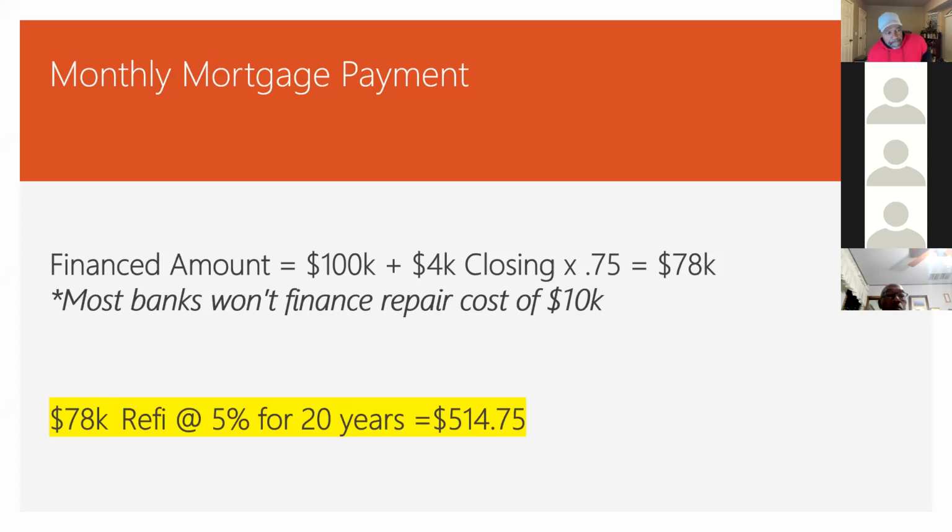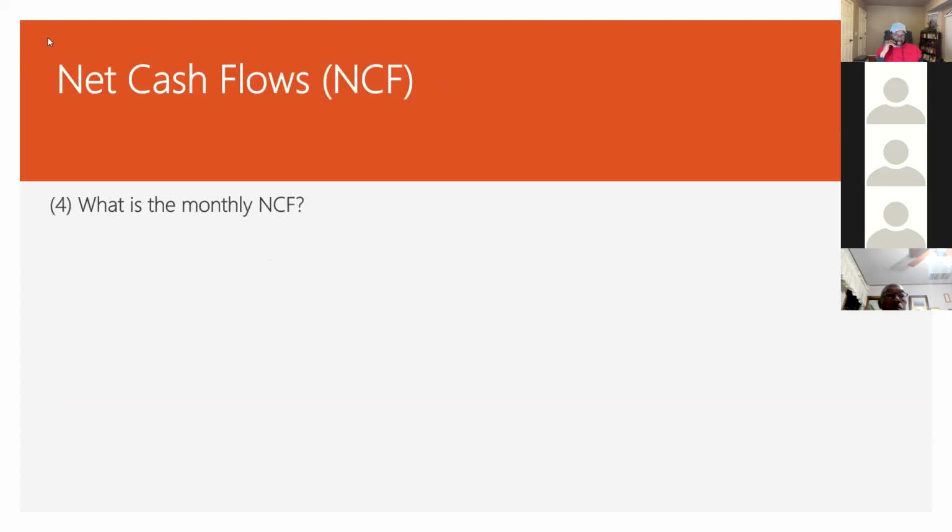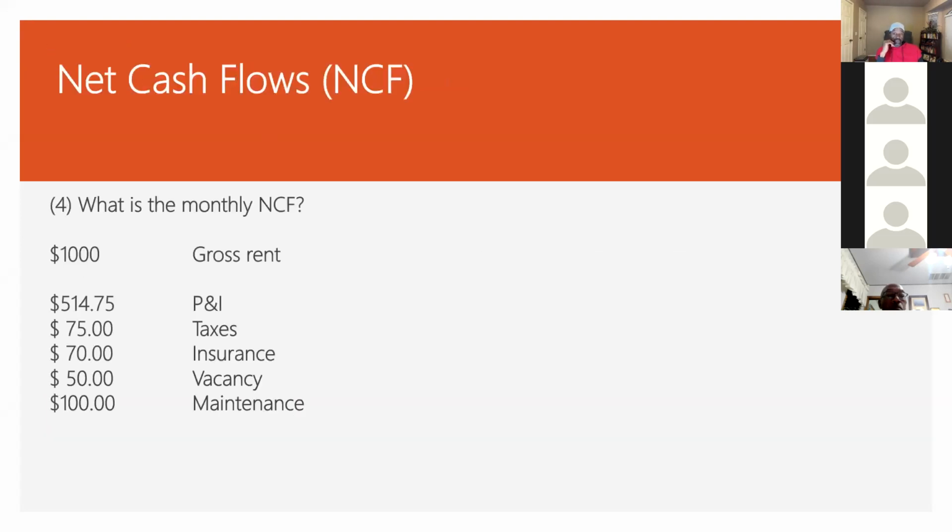If you really believe that you can keep that property rented most of the time, then I would use a vacancy rate of 5%. But if you think it's in an area where you're having some vacancies, then I would use more like 10%. And that vacancy rate is, if you take 10% times whatever the gross rent is, that'll give you the vacancy amount for every month. Got it. Okay.